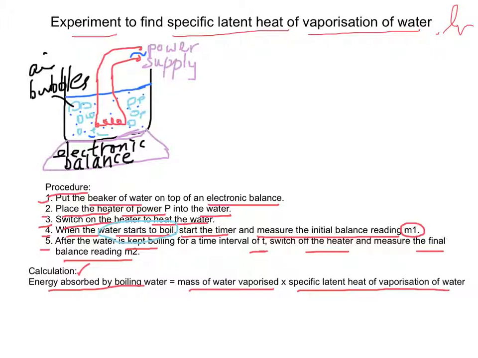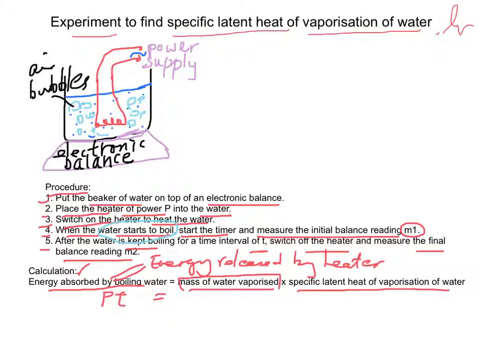If we assume that the energy absorbed by water is equal to the energy released by the heater, therefore, we have energy absorbed by boiling water equal to P times T, which is equal to the mass of water vaporized at its boiling point, M1 minus M2, times the specific latent heat of vaporization of water, LV.